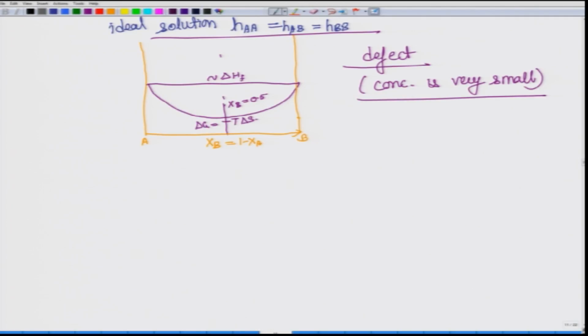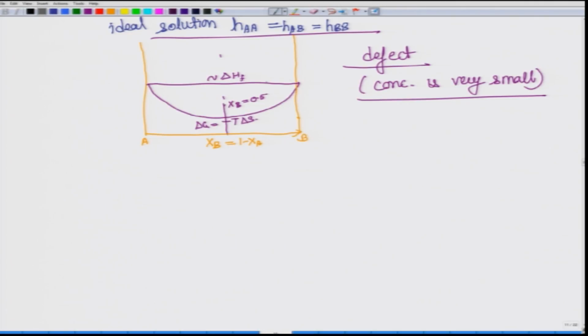Now, let us also consider the situation of ideal solution where HAA, that is the bond between AA, is the same as the bond between AB and the bond between BB, and in that case, as you can see, delta HF comes out to be approximately 0. So, we have a straight line here, and on the x axis we have the fraction of B impurities or B particles, and as you keep going this side is the pure B, and then from here it is like adding A impurity.